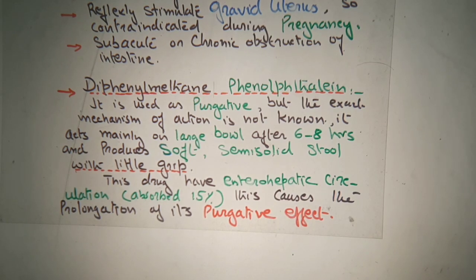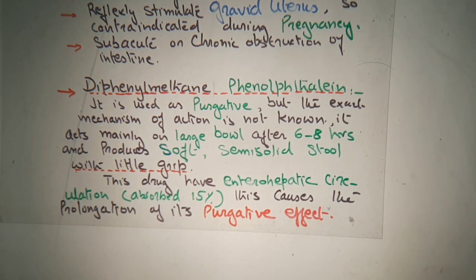Now the precaution is this, that when the patient uses this phenolphthalein, it appears in the urine, and the urine or the stool may have a pink color. So the patient should not be afraid of that, because it is due to the use of this phenolphthalein. This drug has enterohepatic circulation. Now what do we mean by enterohepatic circulation?